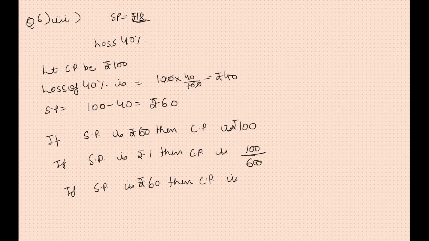Yes, 100 upon 60, not 90. And the original selling price was 18 rupees. So if selling price is 18 rupees, then cost price is 100 upon 60 into 18. So on solving, 30 rupees was the cost price.